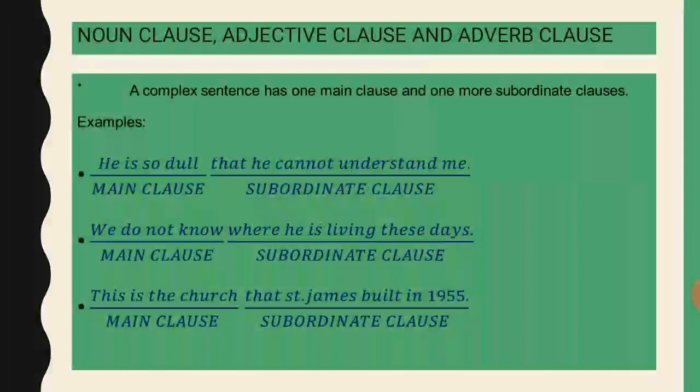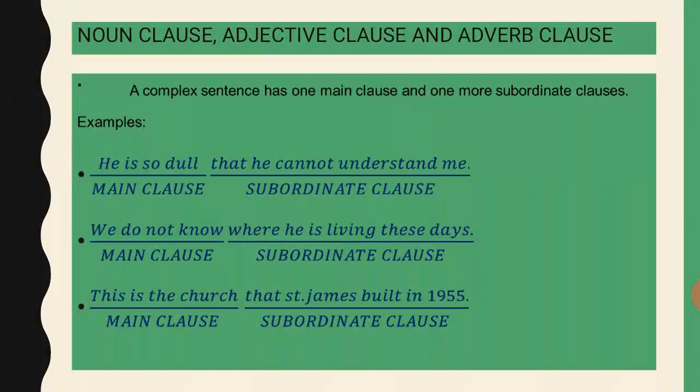And in this lesson, I'm going to tell you about the classification of clauses also. Before that, a complex sentence has one main clause and one or more subordinate clauses. That is called clauses. So basically, a clause is a group of words which join together and give a complete sense.